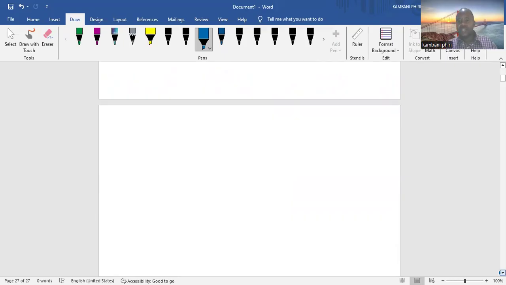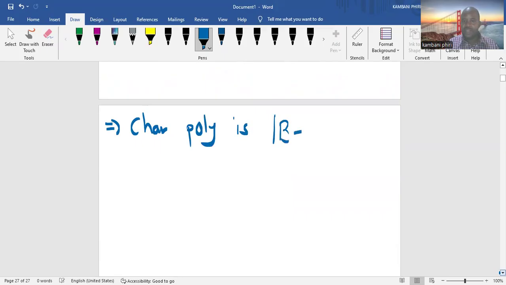Now, for us to get the eigenvalue, we need to come up with a characteristic polynomial. The characteristic polynomial is given by the determinant of B minus lambda I, and this must be equal to 0. What do we mean?